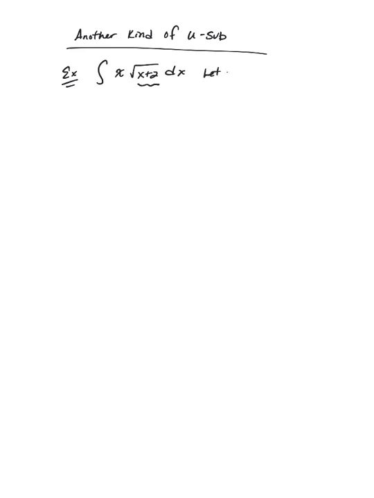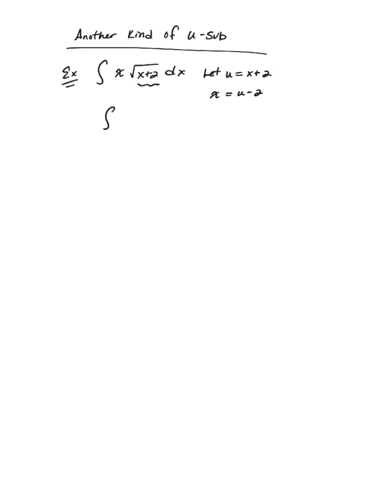So we're going to let u equal x plus 2. Then we're going to replace that x plus 2 with u, but we're going to solve for x. So when we solve for x, we get x equals u minus 2.